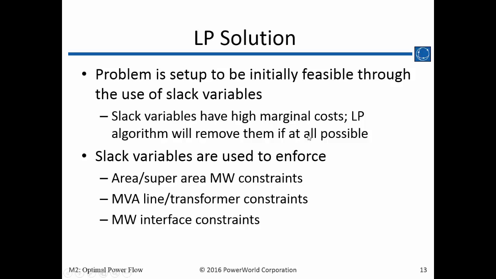And because the optimization is trying to reduce the cost, it's going to adjust the controls in order to run that cost down to zero, basically bring the line within its limit, because adjusting the generation, the marginal cost or the penalty costs are set high enough that adjusting generation is a less expensive option than overloading the lines. So that's done through the use of these slack variables or dummy variables to enforce the constraints.